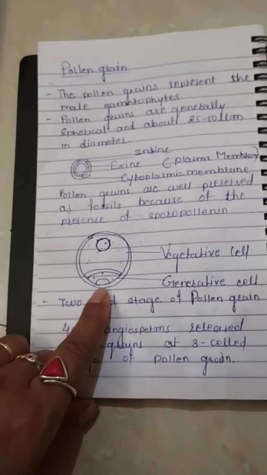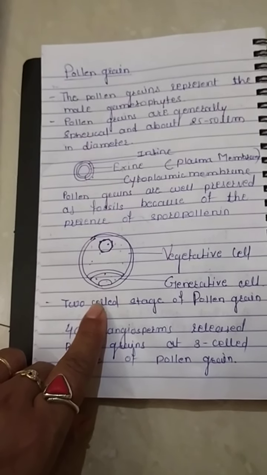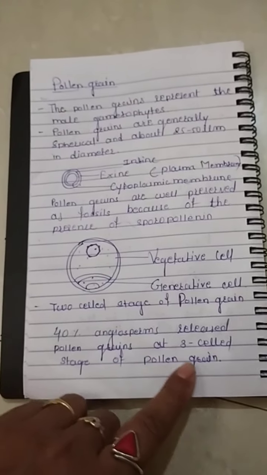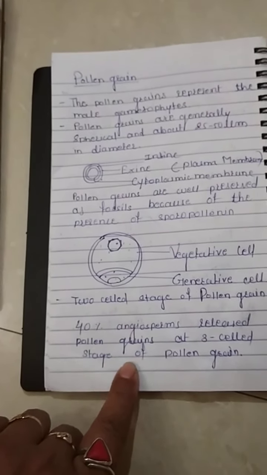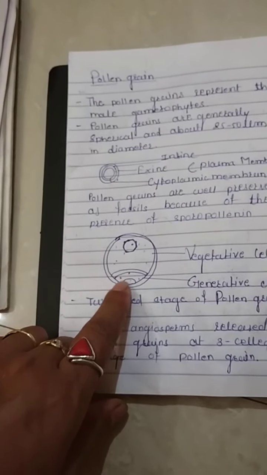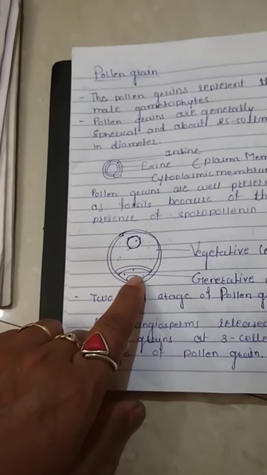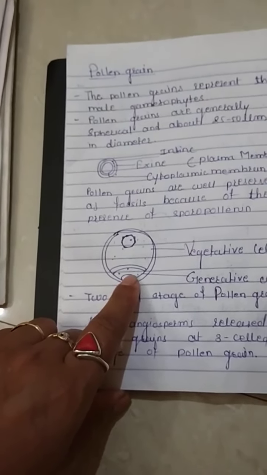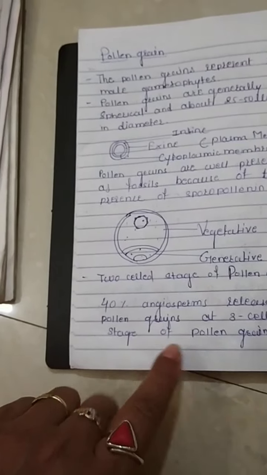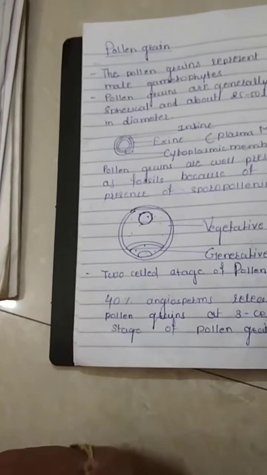In the remaining 40% of species, pollen grains are released at the three-celled stage. In that case, the generative cell mitotically divides into two male gametes before pollen grains are released. So here pollen grains are released at a three-celled stage, two male gametes and one vegetative cell.